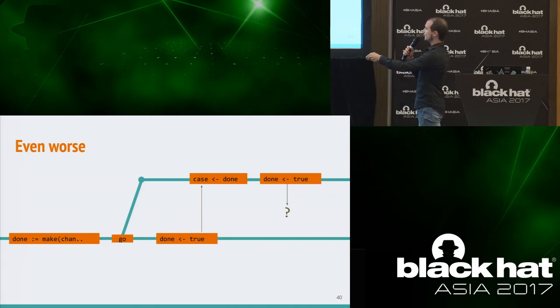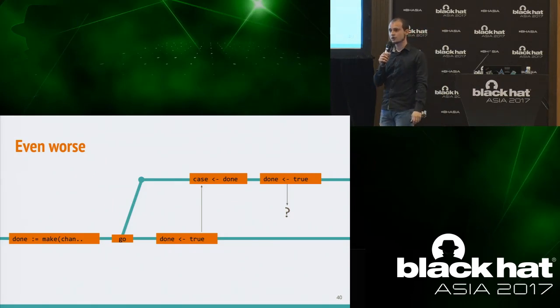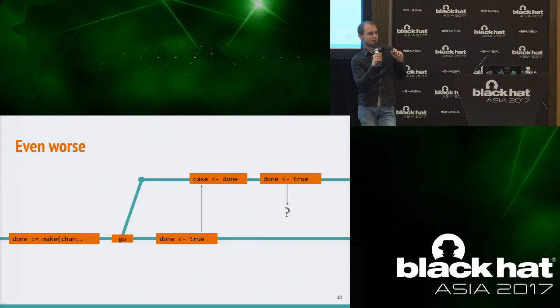In this example, new channel created, Goroutine, please die. It reads from the done channel, then it tries to write to it, but no one is listening, so it blocked. A Goroutine is a very small thing.